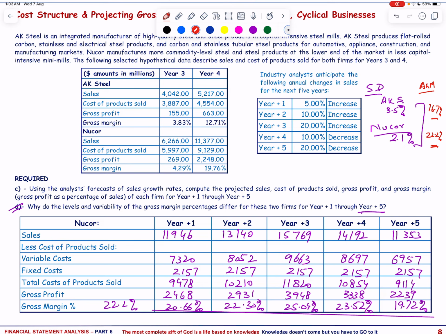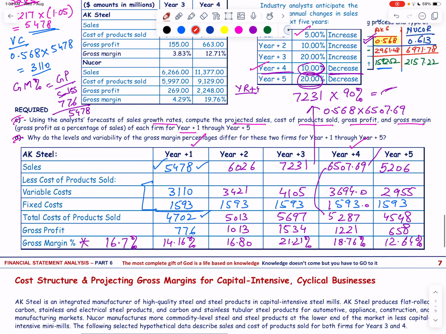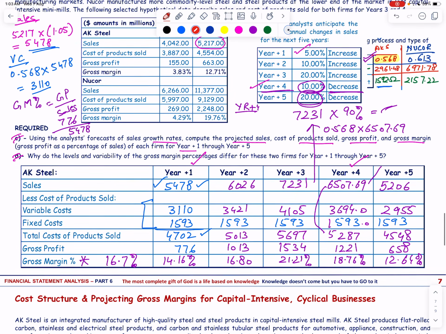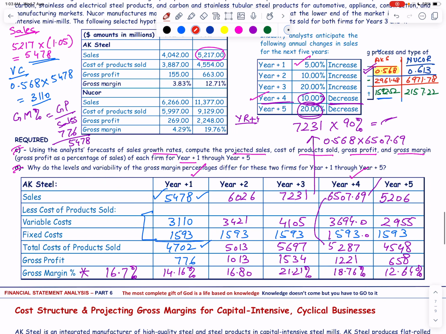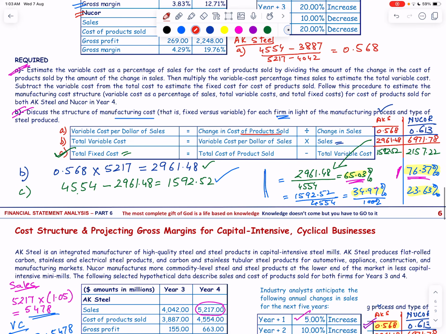Then, if we look into the fixed cost as a percentage of cost of production, Nucor's fixed cost was almost 24% of the cost of products sold, while in the case of AK Steel the fixed cost was 35% of the cost of products sold.